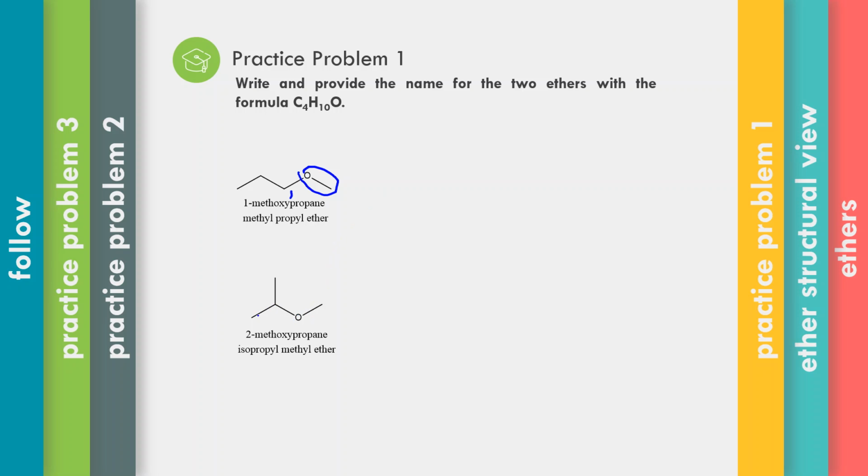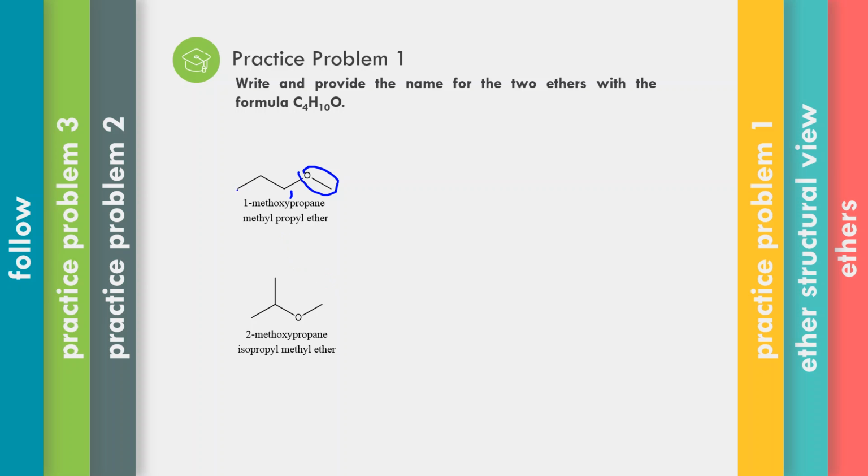Another example is this. Again, we have C4: 1, 2, 3, 4, and one oxygen. And you can also just count hydrogens. So 3, 3, 6, 7 on this one, because one is invisible, and 3 more on this end right here. We understand that each carbon must have 4 bonds.